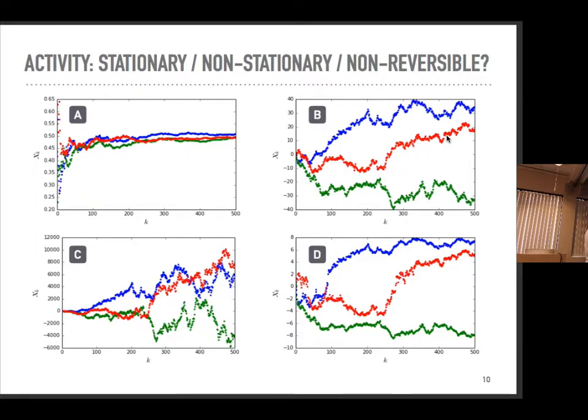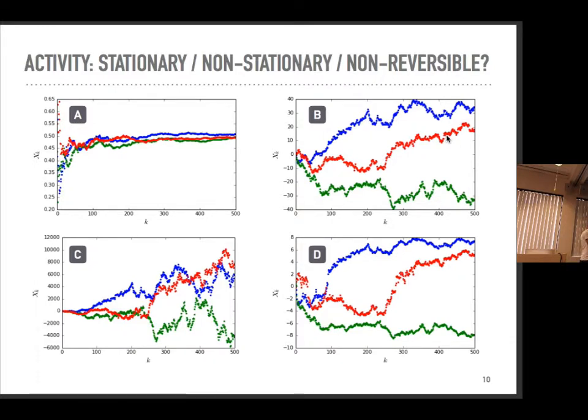Or at least, the odds of running backwards from 3 different numbers are 0. So B and C and A are all non-reversible, and then which of them are stationary?